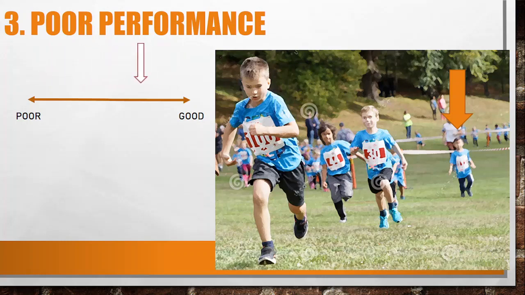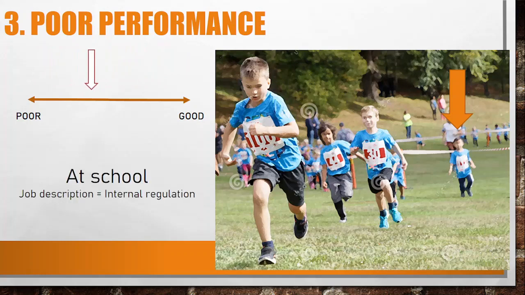We can identify faults before they become a problem. In this case, we can say that the job description of the student's performance is the internal regulation of the school. It means fulfilling the tasks, presence in class, extra class activities, etc.